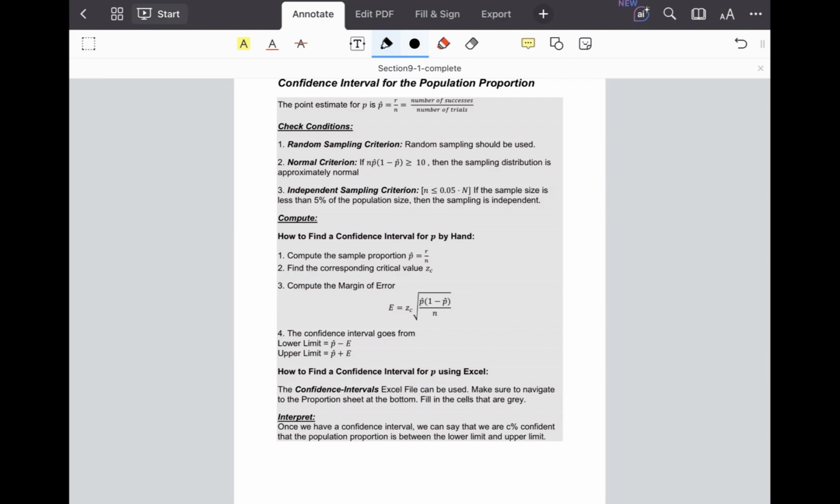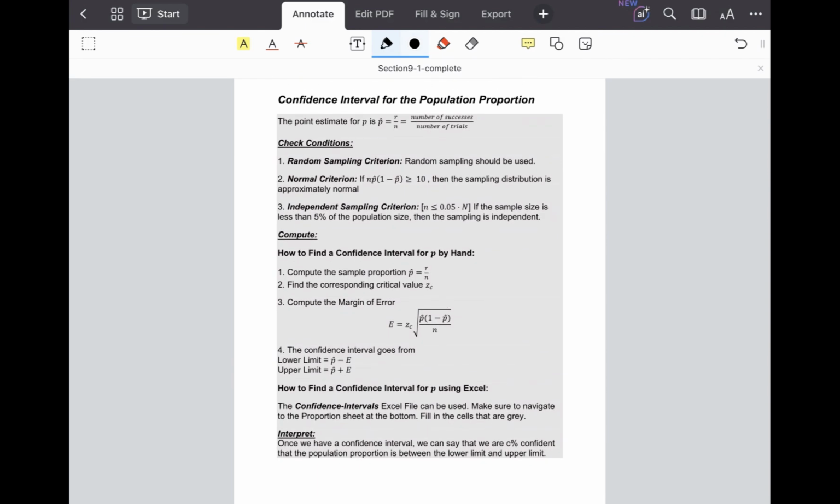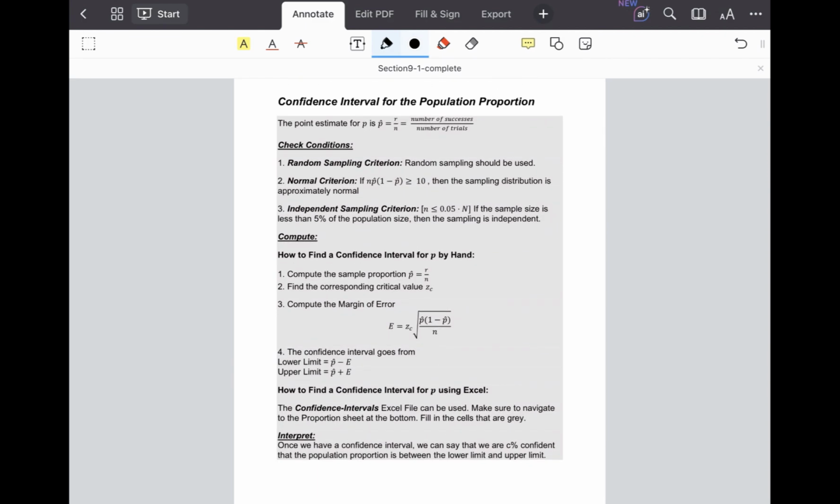It's a bit outdated to do these things by hand. You certainly can do them by hand, but you don't need to do them by hand in my class. And in general, if you're working in statistics, you wouldn't do this stuff by hand. You would use technology in order to get these different values.